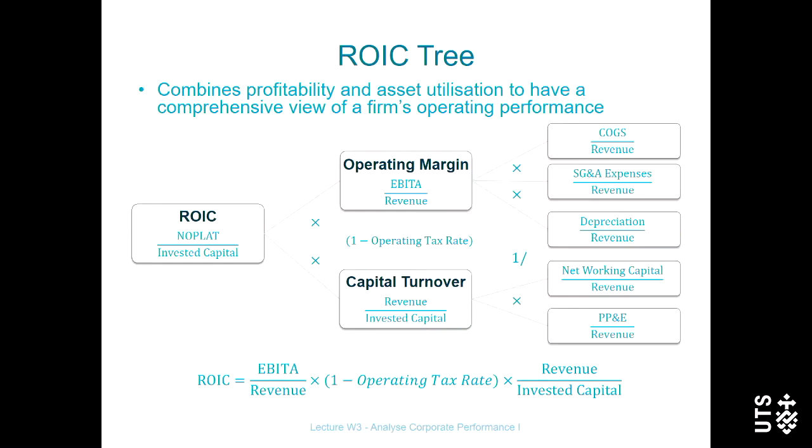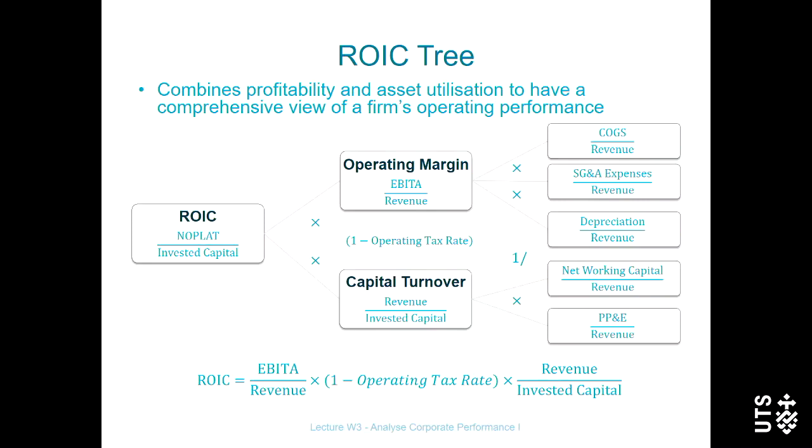So the ROIC tree, instead of using net income, which is a measure of profit to shareholders, is only looking at the operations level. Instead of net income, it uses earnings before interest, taxes, and amortization, and divides that by revenue. So it's an EBITDA margin: how many cents the company generates in EBITDA per dollar of revenue.